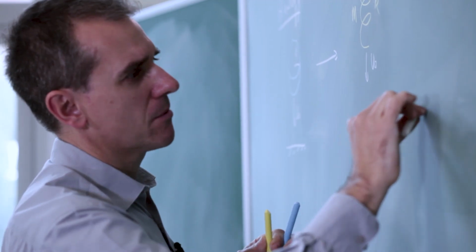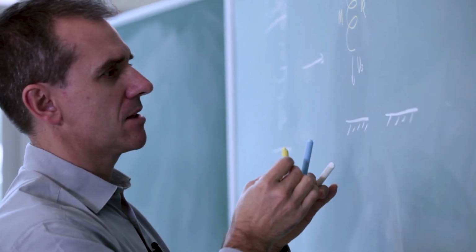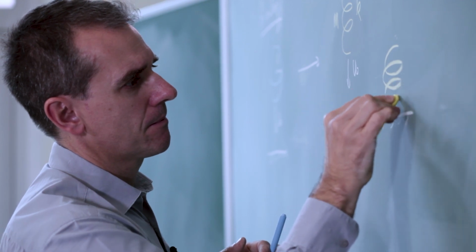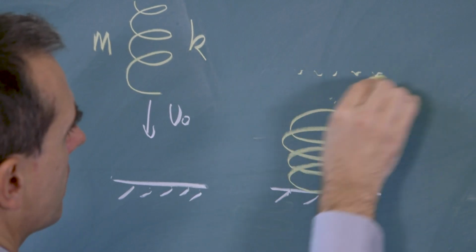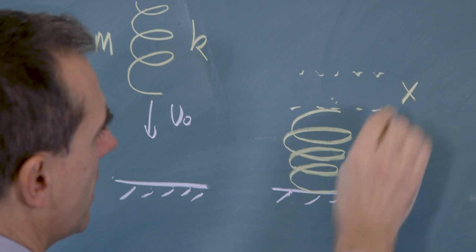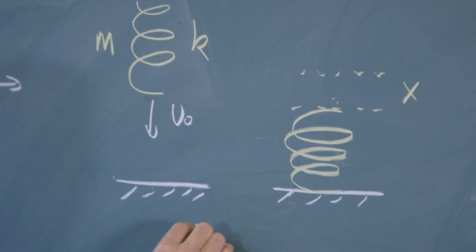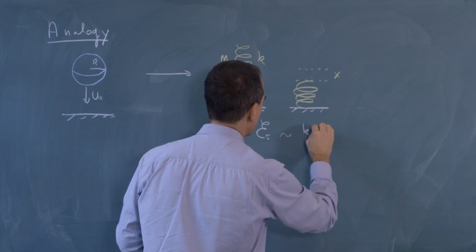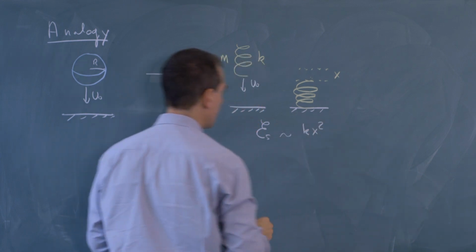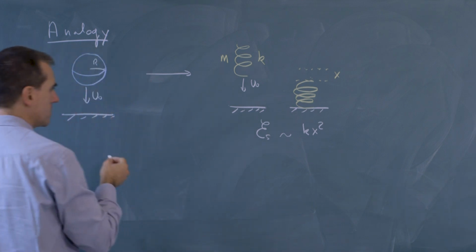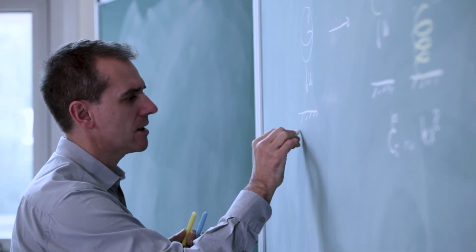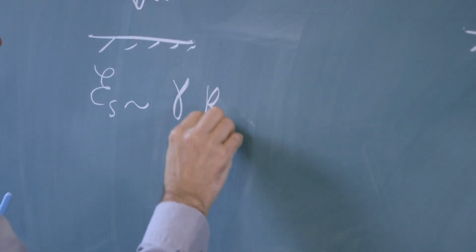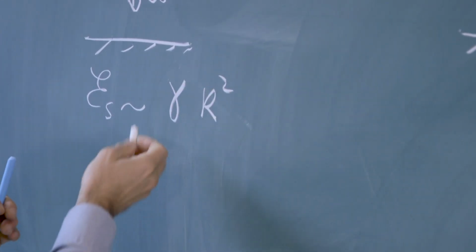What we know from this experiment is that the spring will compress, and we call the compression x. In this case, the energy of the spring will go like kx squared once reaching the maximum compression, while here we expect the energy to go like gamma, surface tension, times the radius of the drop squared.